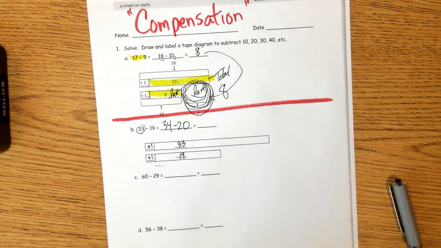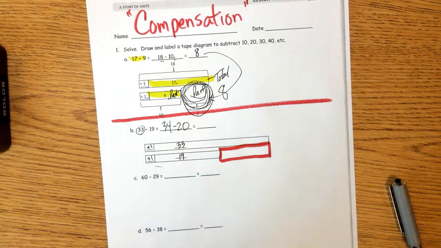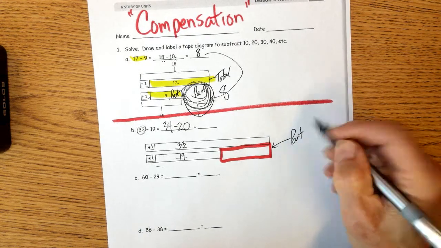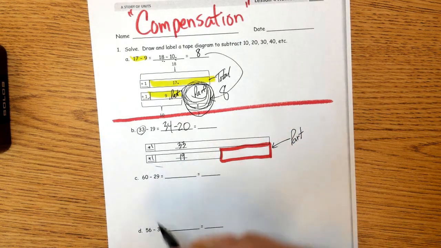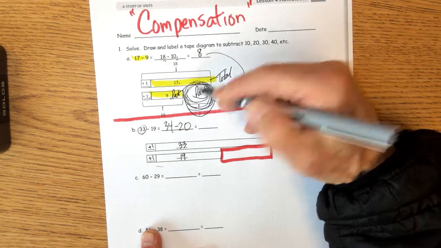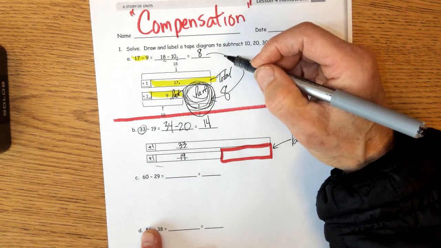Remember, that whole idea is that this space, we sometimes call it the difference or the gap, this part is the same no matter what we do to this side of the tape, as long as we treat them both the same way. And what is the difference here? We can see that it's 1 ten, 4 ones, 14 is the difference.